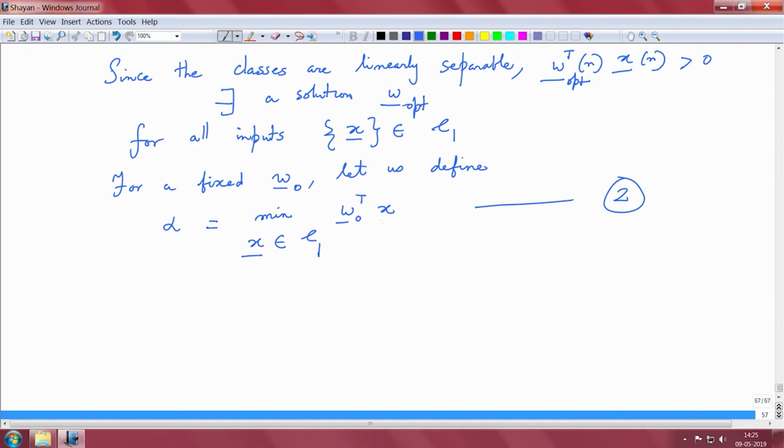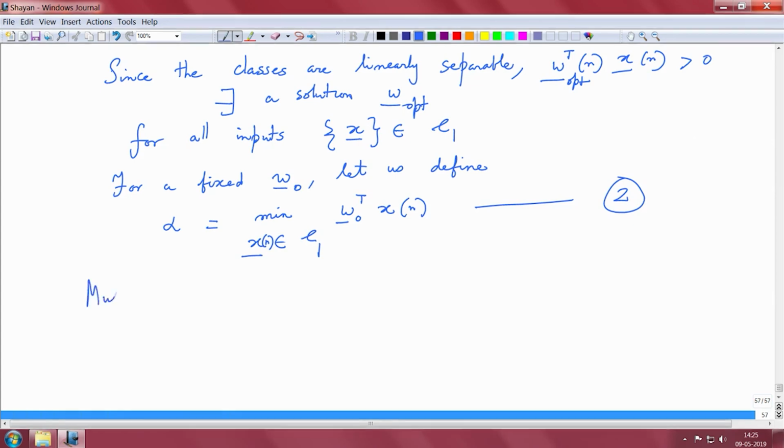Now, for the purposes of illustration, we can put an index of x with time n indicating it is the time step when x is presented. So, I am okay if I can write this as x n and I put an n here indicating the time in which we are presenting this data point.